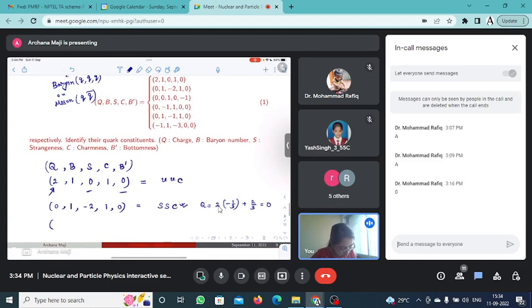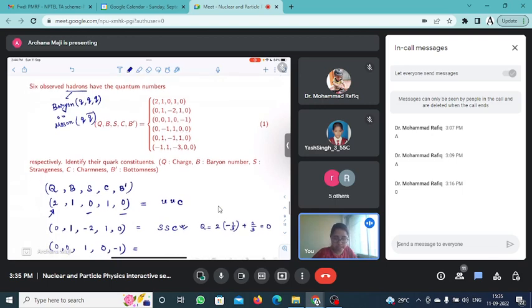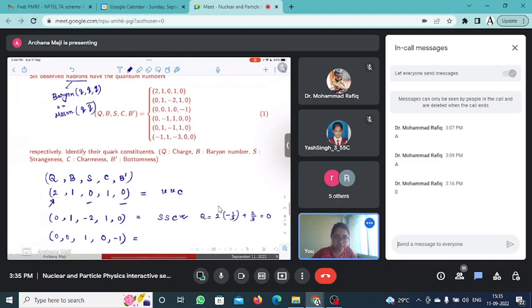Okay. If it is 0 0 1 0 minus 1, now you can see it is not a baryon, and the question is saying all the quantum numbers are given for hadrons, so that means it has to be a meson, right? So there will be one quark and one anti-quark. Can you tell me what is the quark and what is the anti-quark?